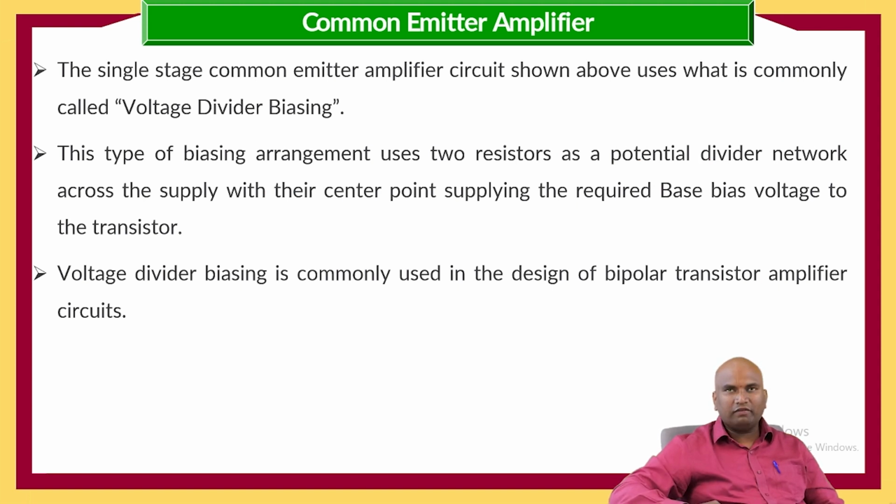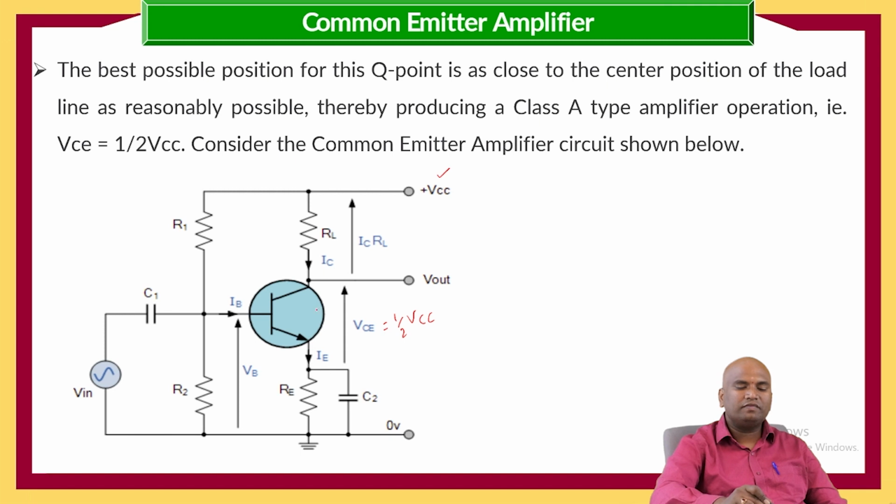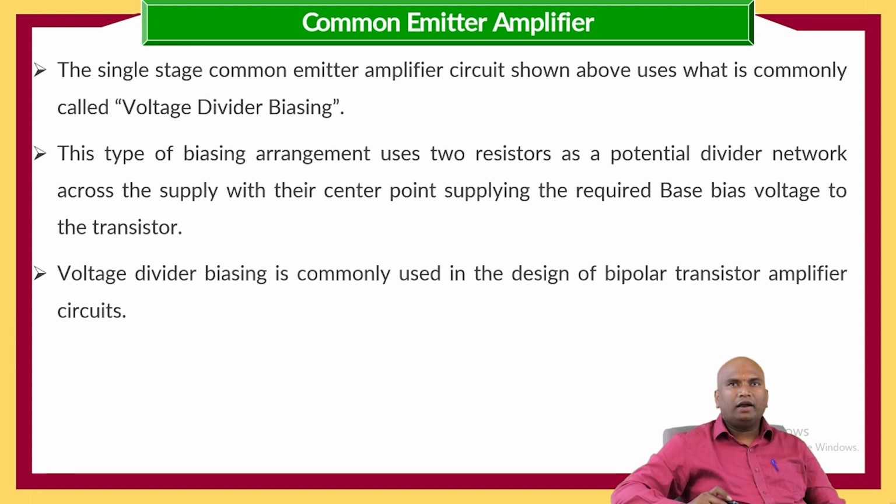So here we are having the resistors. These resistors will be acting like a potential divider network across the supply with their center point supplying the required base bias voltage to the transistor. And voltage divider biasing is commonly used in the design of bipolar transistor amplifier circuits.